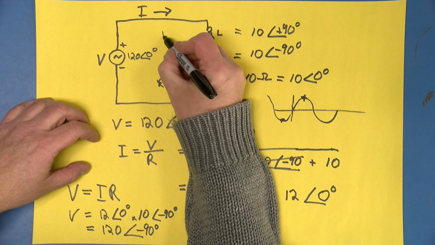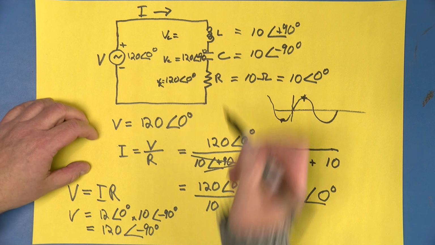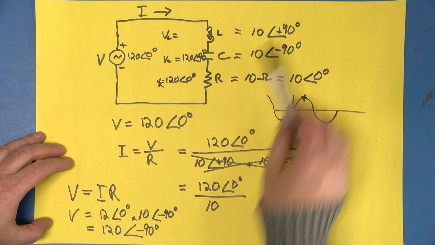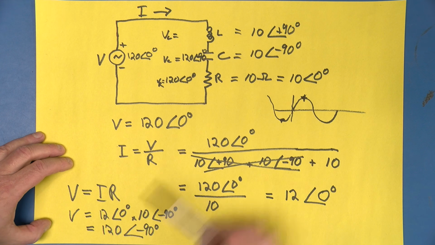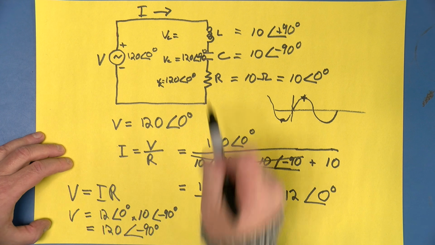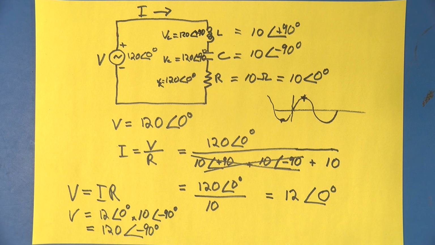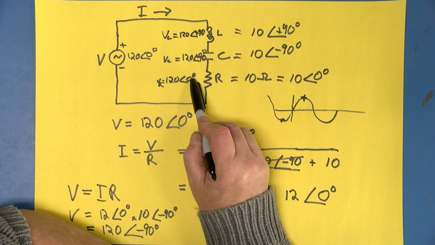So now what about the voltage across the inductor? Well, it's really the same calculation here, except instead of a minus, it's a plus. So we end up with 120 volts at plus 90 degrees. So we now have 120 volts here at 0 degrees.